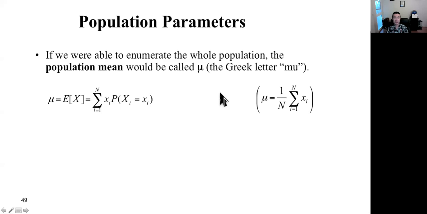All right, and here is the population mean. If we can enumerate the whole population, then the population mean, we call that mu. Also, we can write it as this: E of X is equal to the sum of xi times P(X equal to xi). That means the probability that the sample item equals xi.